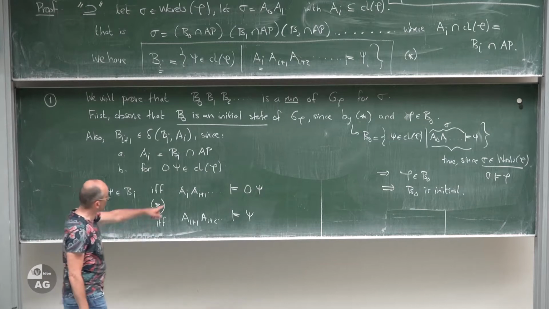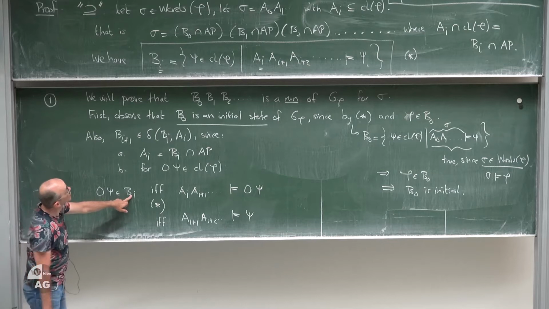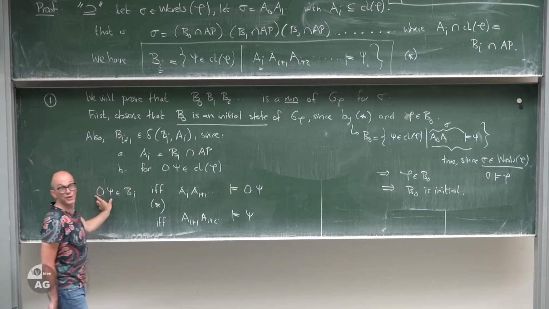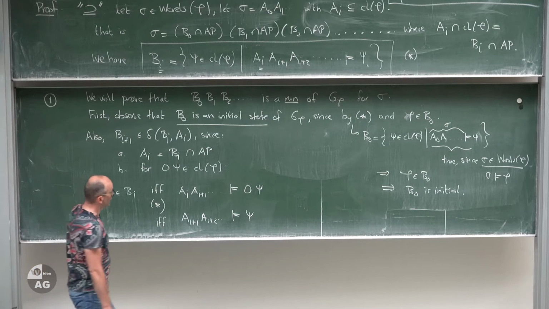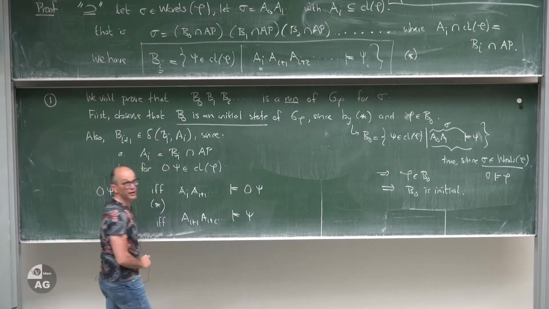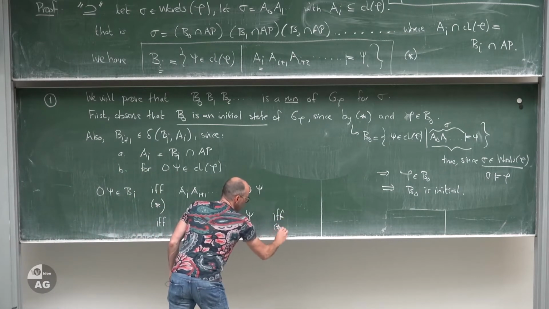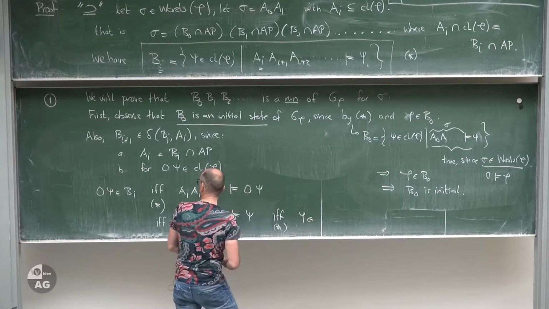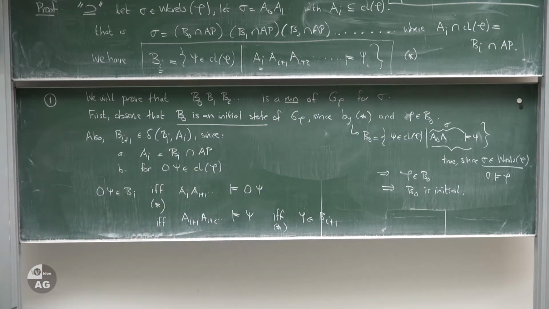But now I saw that here I need this psi. So next psi belongs to Bi. Look at star. That means that Ai+1 satisfies this formula, which is next psi. Now you apply the semantics of LTL. If this sequence satisfies next psi, then the sequence from the next position on needs to satisfy psi. But that is true, again by star, if and only if psi belongs to Bi+1.